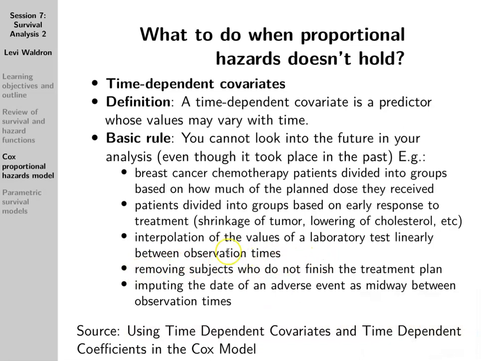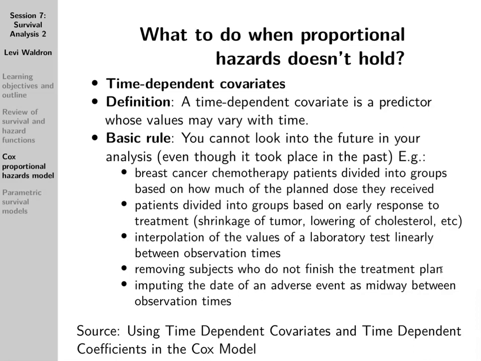Removing subjects who did not finish the treatment plan. So that would mean taking the subjects who did not make it all the way through treatment for some reason or another, going back to the beginning of the study and removing them. Again, you're using information from the future to remove them now.